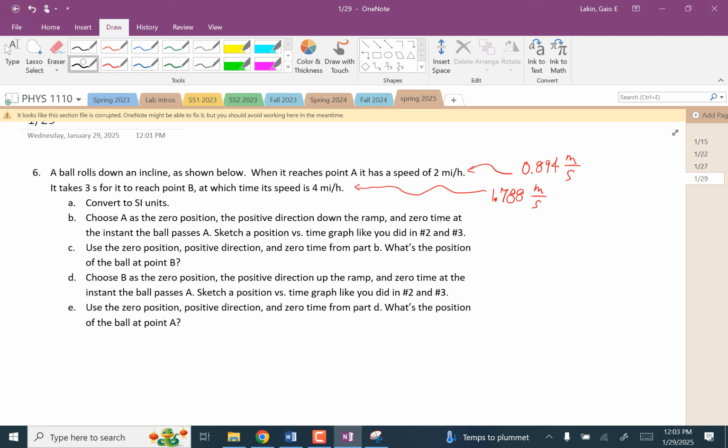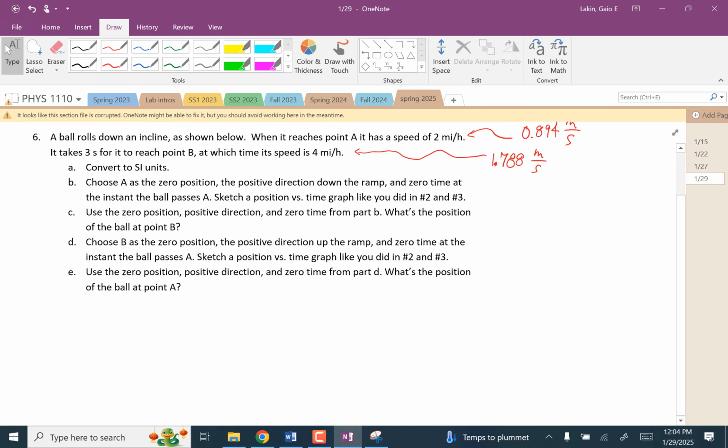So the first thing you have to do is that. This ball rolls down the incline. When it reaches the point A, it has a speed of 0.894 meters per second.